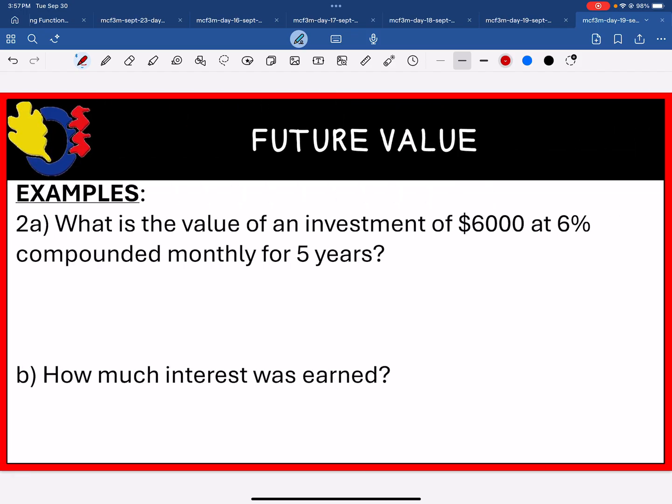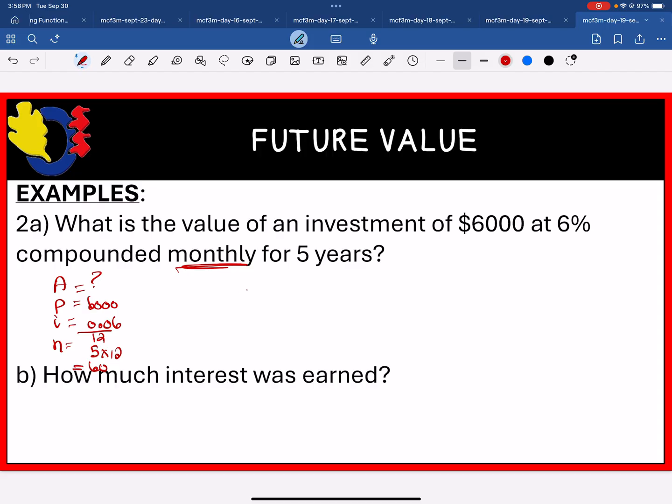Okay, we'll look at one more example here. What is the value of an investment of $6,000 at 6% compounded monthly for 5 years? A, P, I, N. A is what we're looking for. 6,000 is the original amount. i is 0.06 divided by 12, and n is 5 times 12, which is 60.